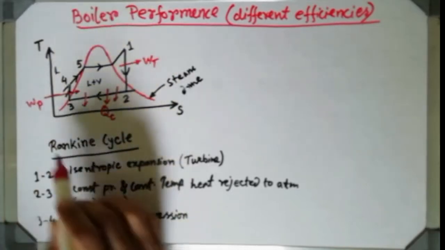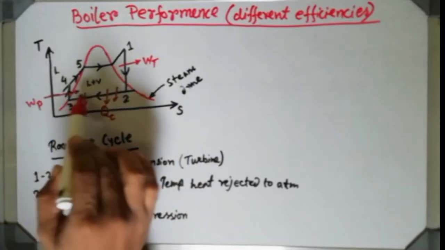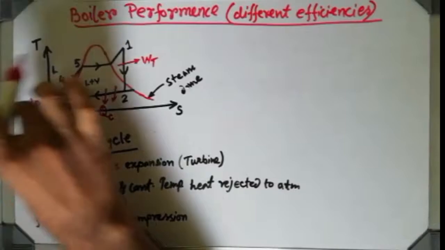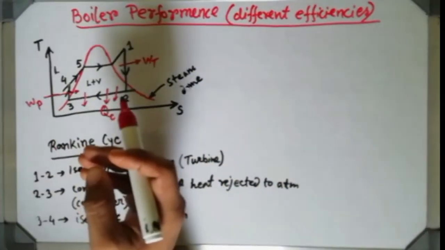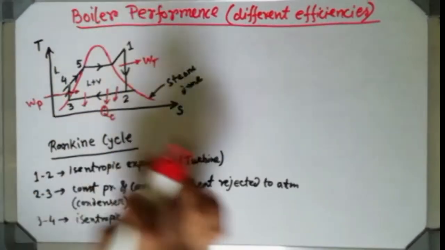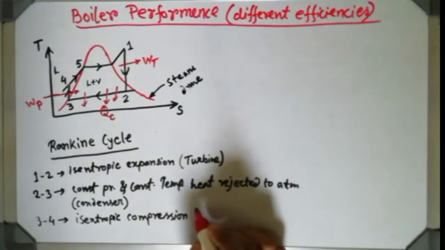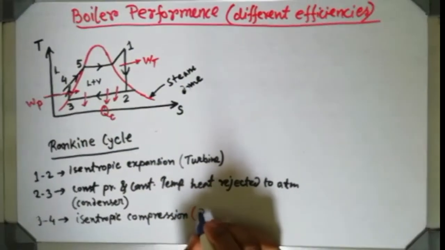W stands for work and P stands for pump. So the pump is consuming work. That's why I have put an inward arrow. Inward arrow means something is going in. We have to supply some work to run the pump. That's why the arrow is indicating inside. So isentropic compression, that process is being completed inside the pump.